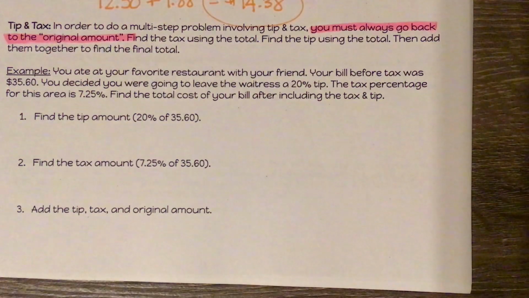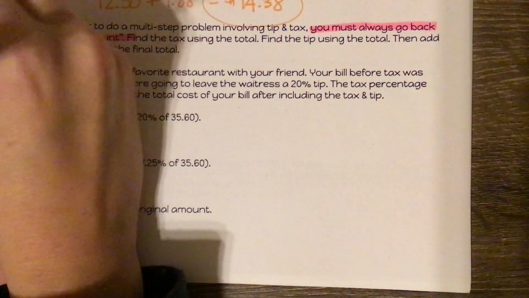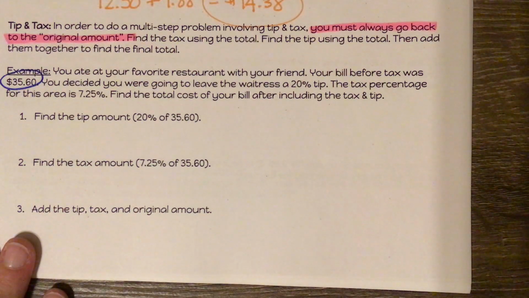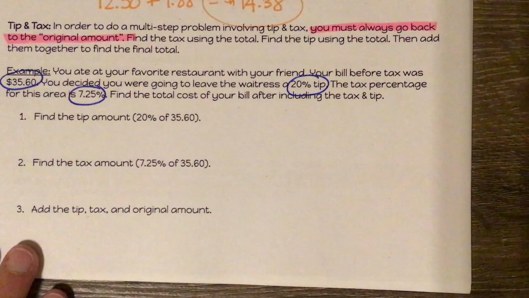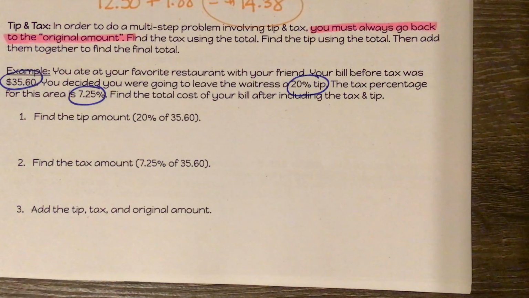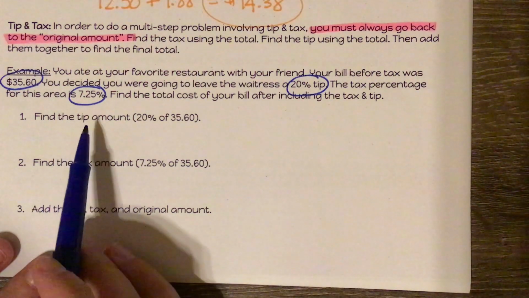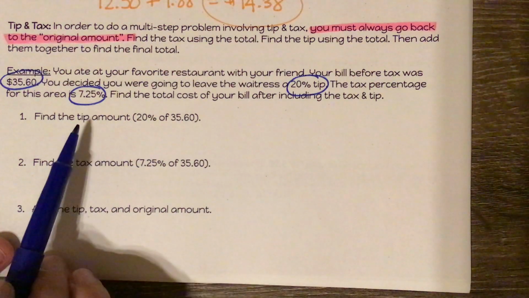So you ate at your favorite restaurant with your friend. Your bill before tax was $35.60. You decided you were going to leave a 20% tip, and the tax percentage in the area is 7.25%. Find the total cost of your bill after including the tax and the tip. So, finding the tip amount, okay?